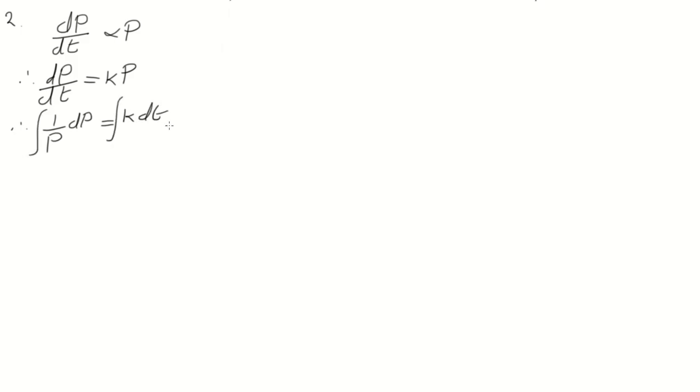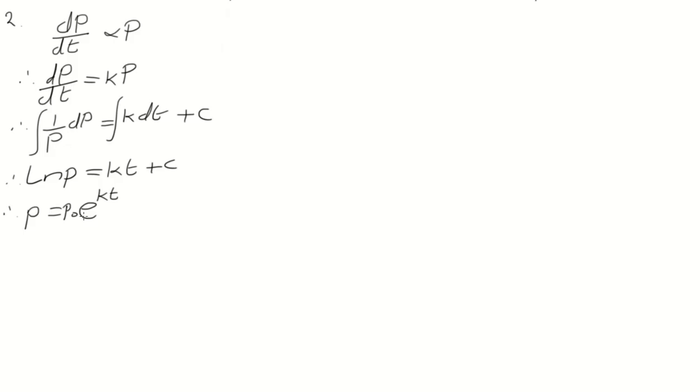Integrate left and right hand side, plus the c, so we get ln P. We have the same equation as the previous problem, so it's equal to kt plus c. P appears once, so we can make it subject of the equation: P equals P naught e raised to kt. Okay, so there we have it.